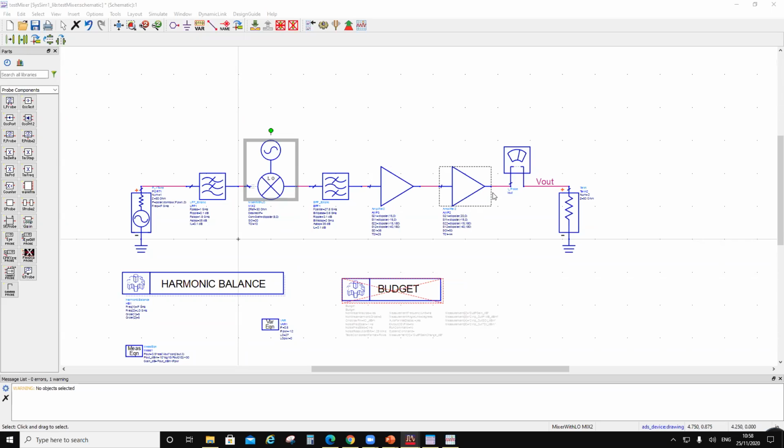So let's say the 1 dB compression is around 30 dBm. If it is Wi-Fi, then I am doing 24 dBm on this chain, which is what is required for Wi-Fi. If you have 802.11 a/b/g, you have a linear power requirement of, let's say, 24 dBm.